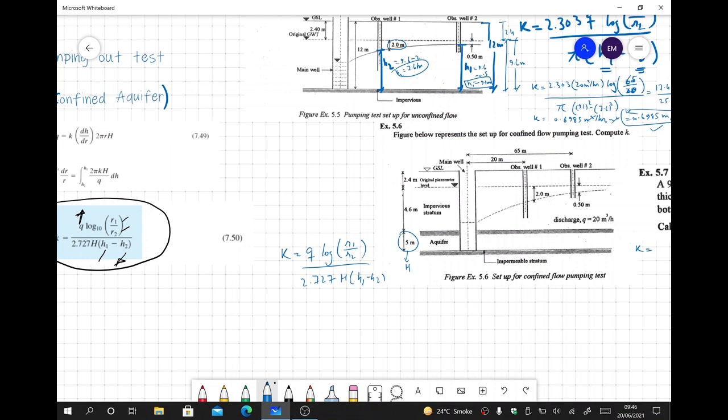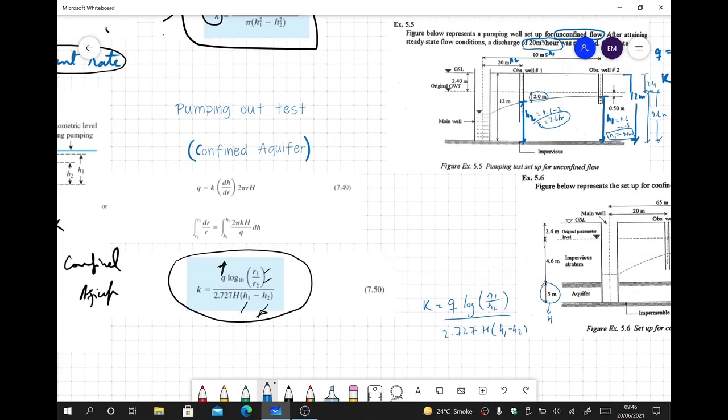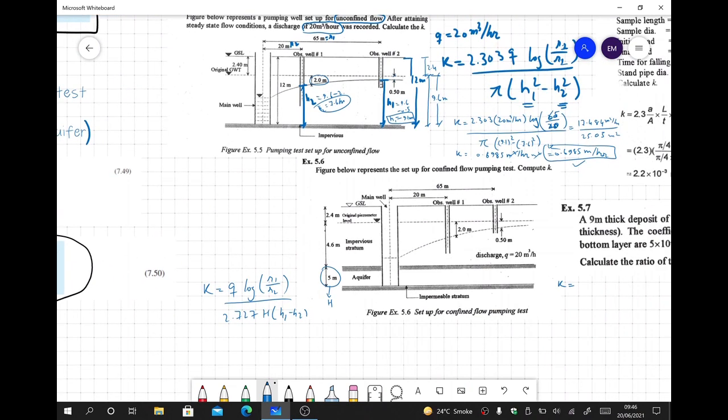And once again, this is important, H1 and H2 are the difference in the height of the water table in the observation well and the water table in the test well. So we will take that in a proper manner.